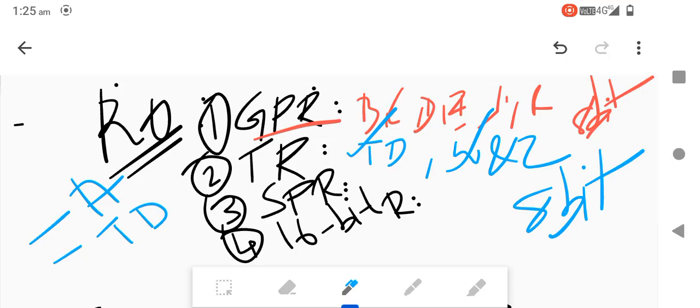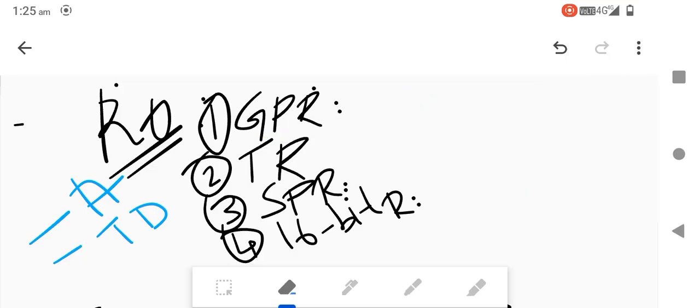Next, special purpose registers. Accumulator, flag register, and instruction decoder come under special purpose registers.